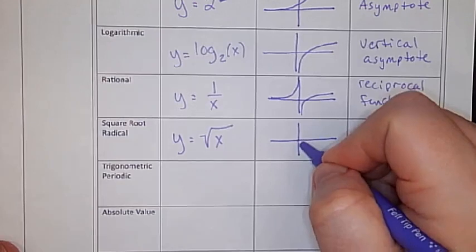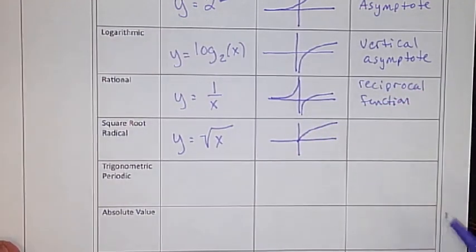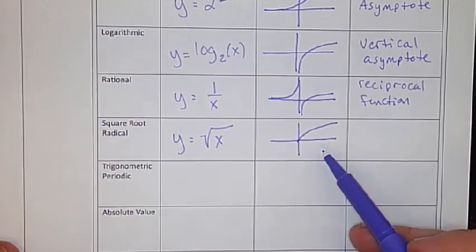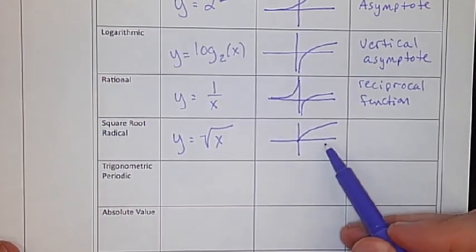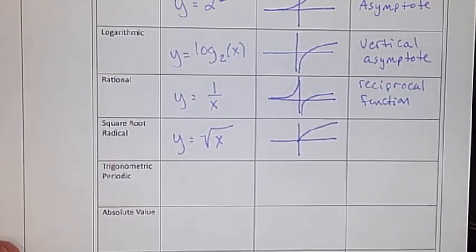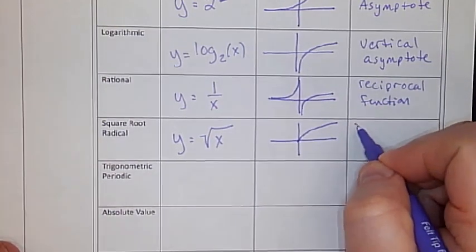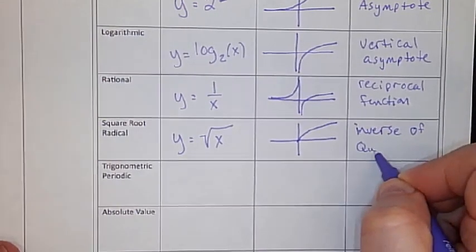So what you're going to notice is if I look at the graph, which is shown here, if I were to turn it to the side, it's going to look like half of a parabola. So just note that this is related through an inverse relationship to the quadratic function that we already examined. So this is an inverse of the quadratic.